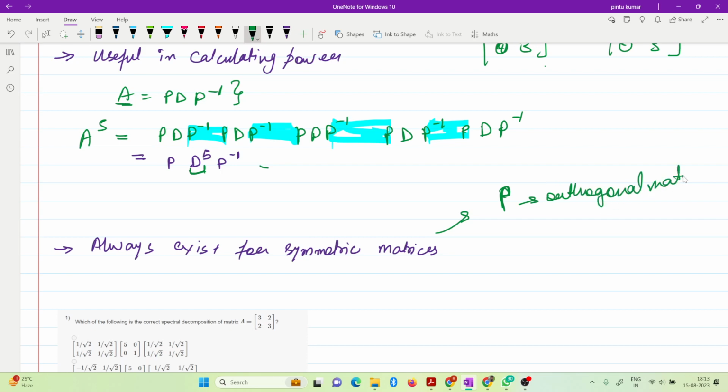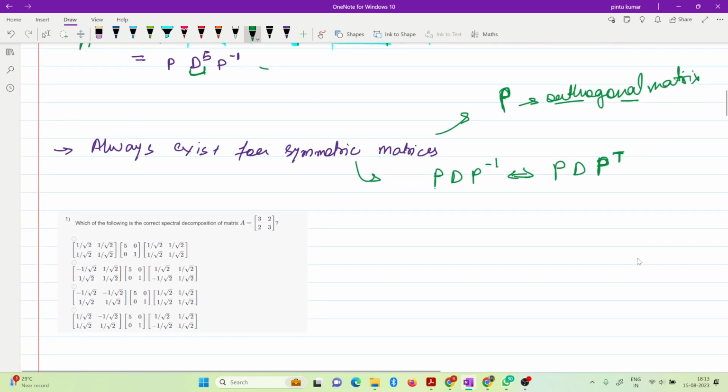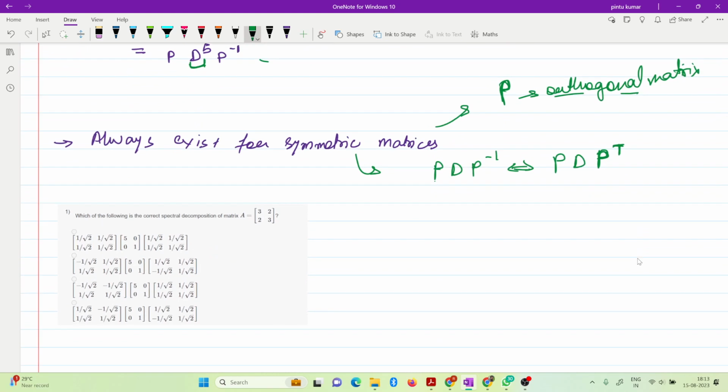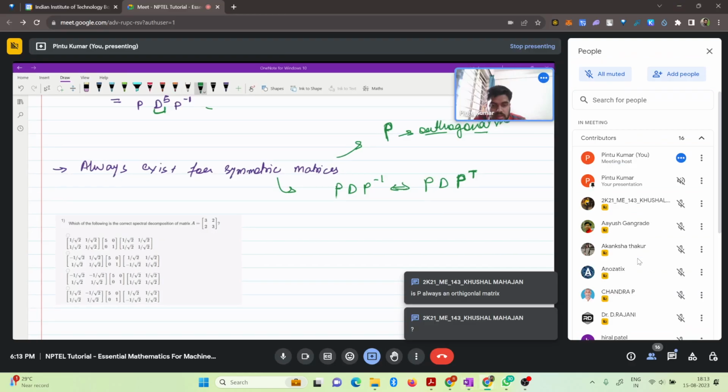So for symmetric matrices, your eigen decomposition, this P D P inverse, reduces to P D P transpose, because for an orthogonal matrix, its inverse is nothing but its transpose, right?